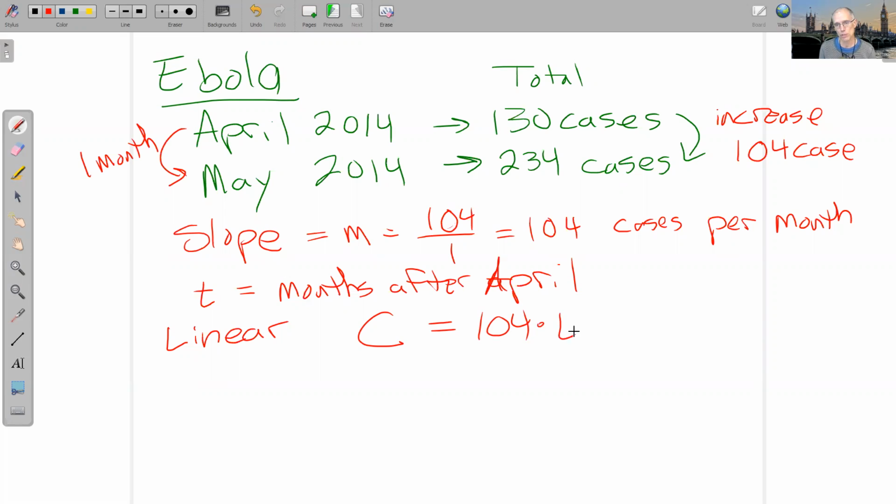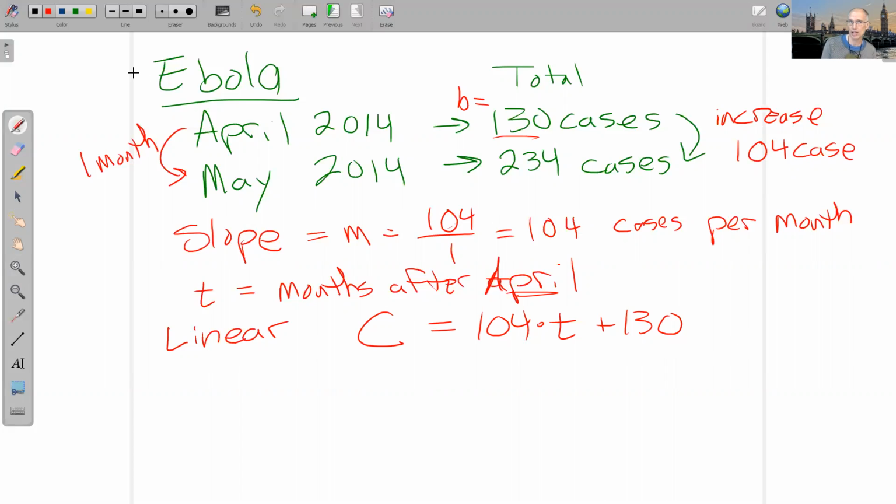So that's our slope times T. So like our Y equals MX plus, since T is months after April, we would be starting with 130 cases. So starting with 130 cases, we're increasing by 104 cases per month. So if T is months after April, then this is our Y-intercept, our B. We have an increase of 104 cases in 1 month, so that's our slope, 104. So this would be the linear version of it.